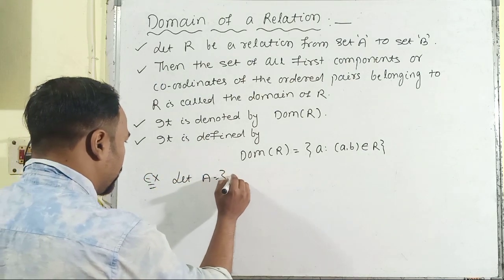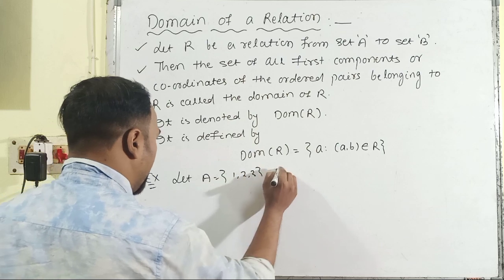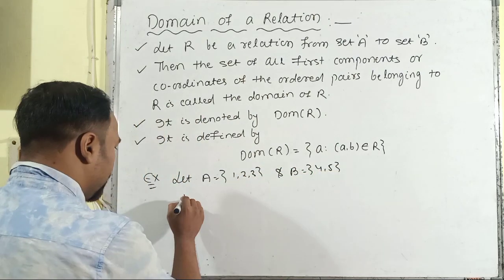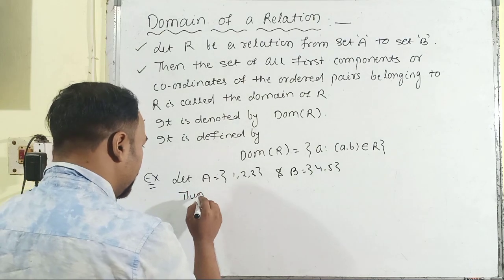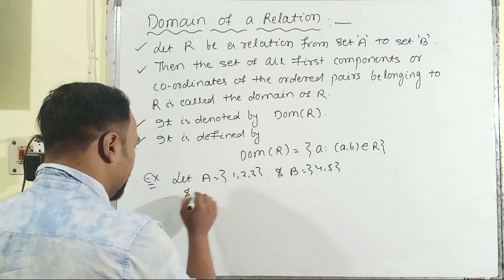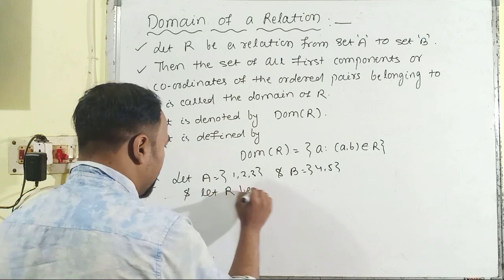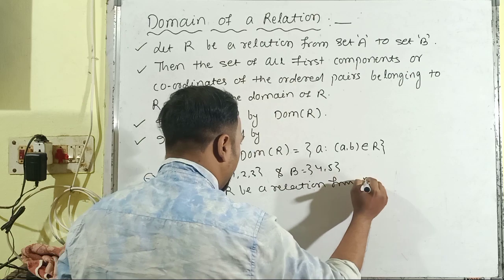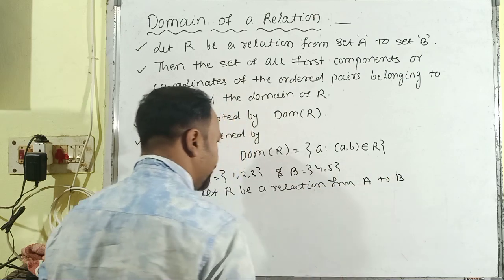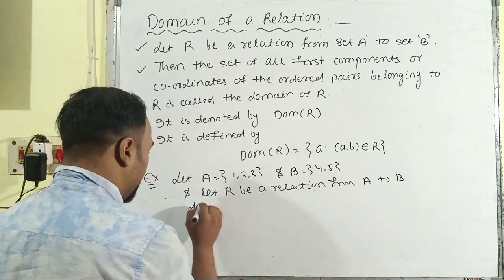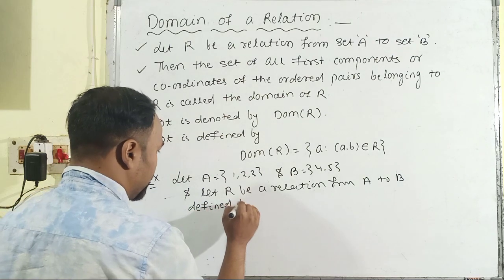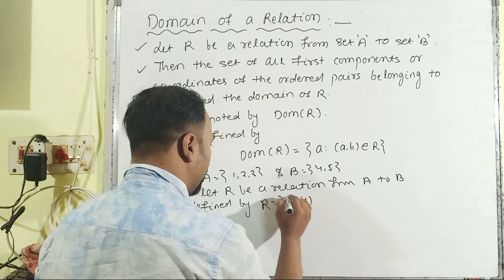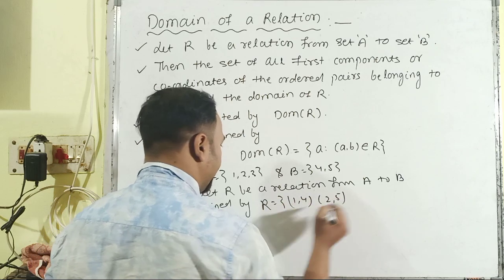Let set A be equal to {1, 2, 3} and set B be equal to {4, 5}. Then let R be a relation from A to B defined by R equal to {(1, 4), (2, 5)}.